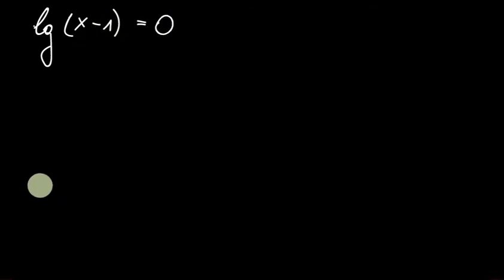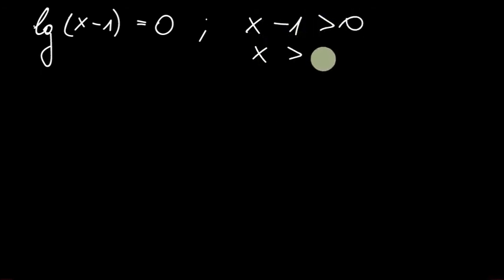Let's say we have log base 10 of x minus 1 equal to 0. Now the logarithm is equal to 0. Okay, let's first write that x minus 1 must be more than 0, so x must be more than 1.